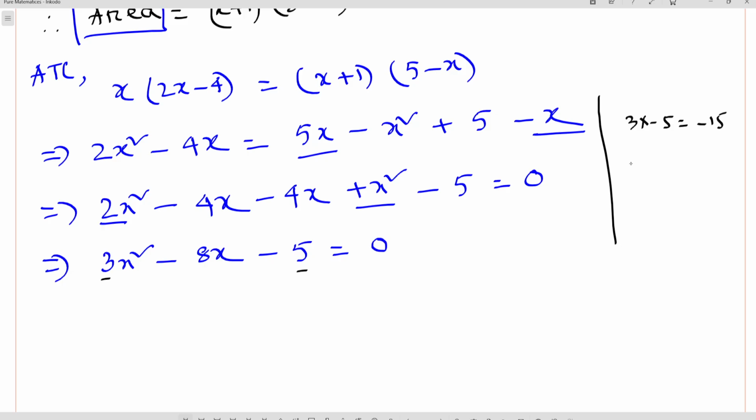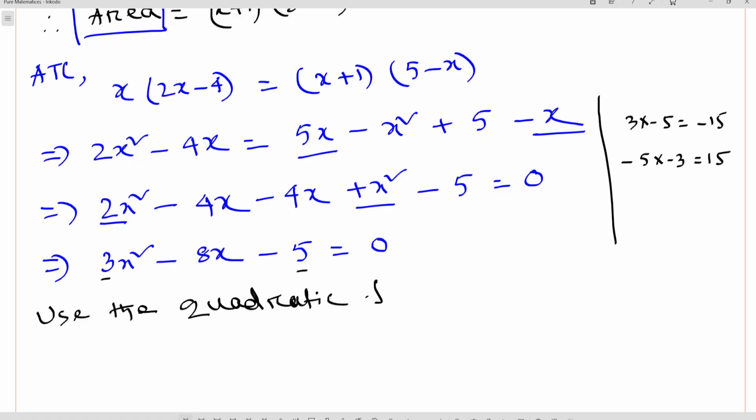Minus 5 times minus 3 becomes plus 15, so it's not possible to solve by simple factorization. That's why we will use the quadratic formula.